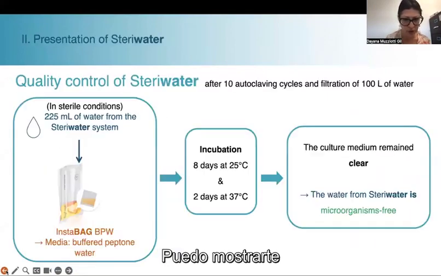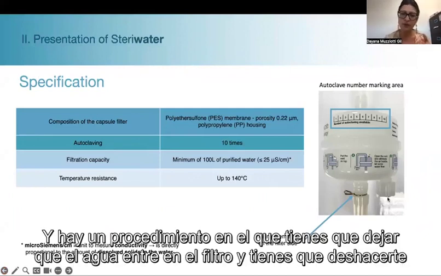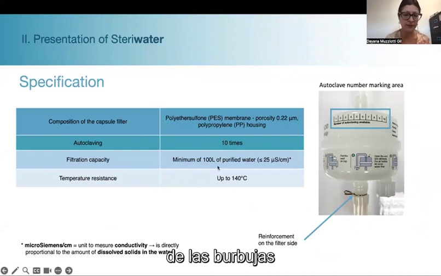You just open this valve, and there is a procedure where you have to let the water get into the filter and get rid of the bubbles. But it's super easy, okay?